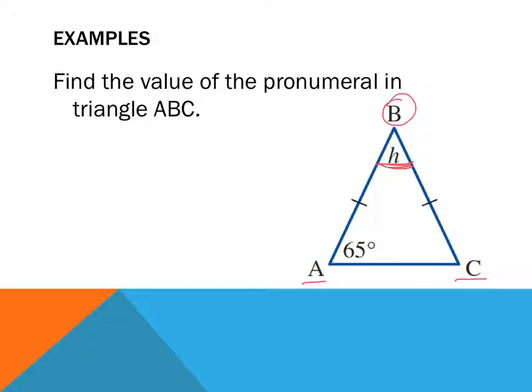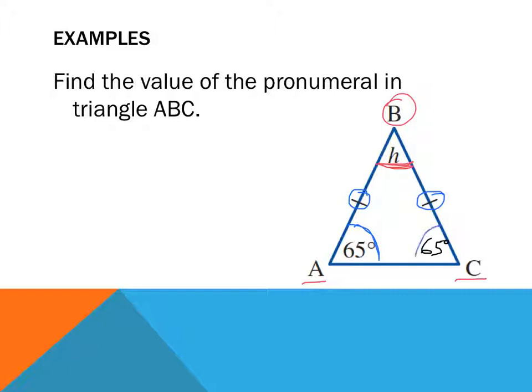Now, how am I meant to do this? I've only been given one angle. Well, you might have noticed something about this triangle. It's an isosceles triangle. I know that because these indicators are given here and here. That tells me, because these two sides are equal, that these two angles underneath here will always also be equal. So this here will also be 65 degrees.